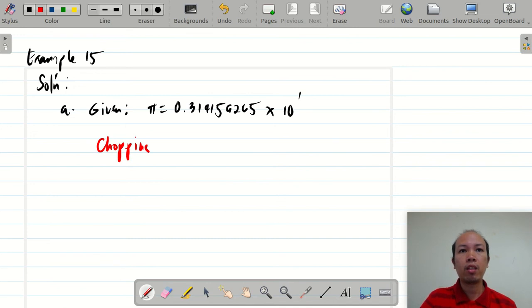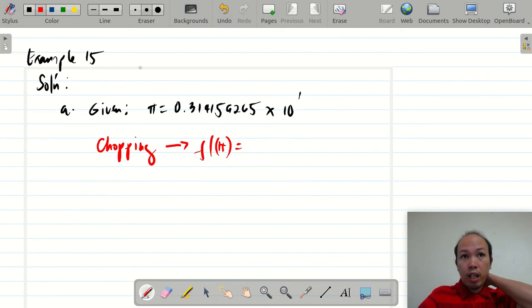So for chopping, your answer is FL of pi is equal to, so k is 5. If you recall our topic in high school about significant digits, the 0 here is not significant.